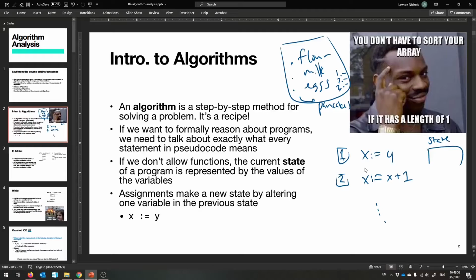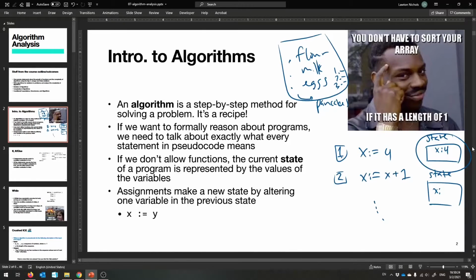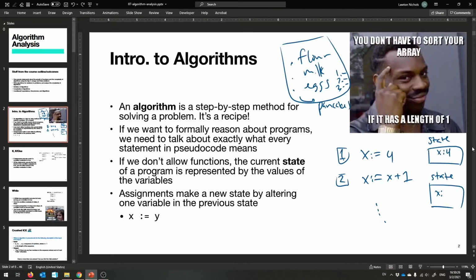So the state at line 1, after line 1 is executed, the x variable holds 4. Okay, that's fine. Maybe there are other variables, but that's the idea. And before the program, x didn't even exist. Then after this second line, the state is now x is whatever it was plus 1, but we know what it used to be because we have the previous state, so x is 5. Yeah, that's how we can keep track of our program and how it's executing.